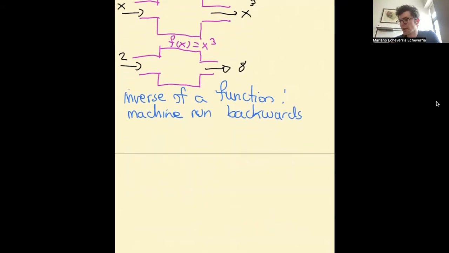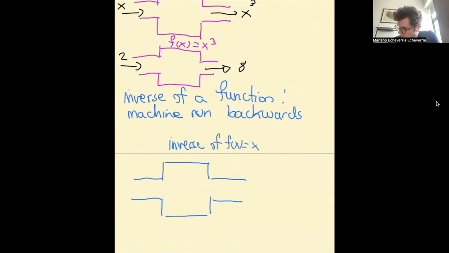For the case of x cubed, the arrows just run in reverse.